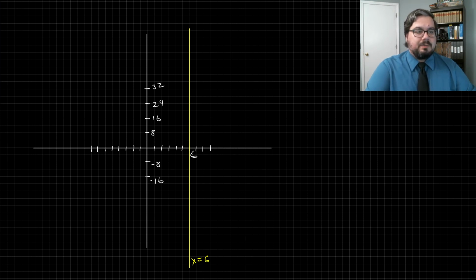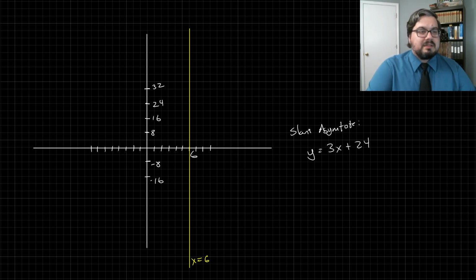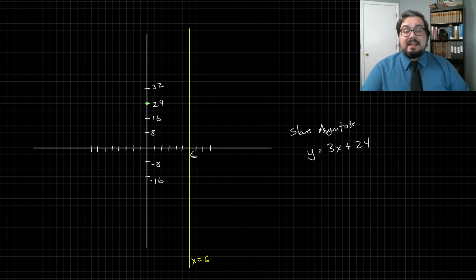And we know that we have a slant asymptote of y equals 3x plus 24. So that is going to have a y-intercept at 24. So at this point, graphing the slant asymptote is just the same as graphing any other linear function that we've done. It's got a slope of 3.